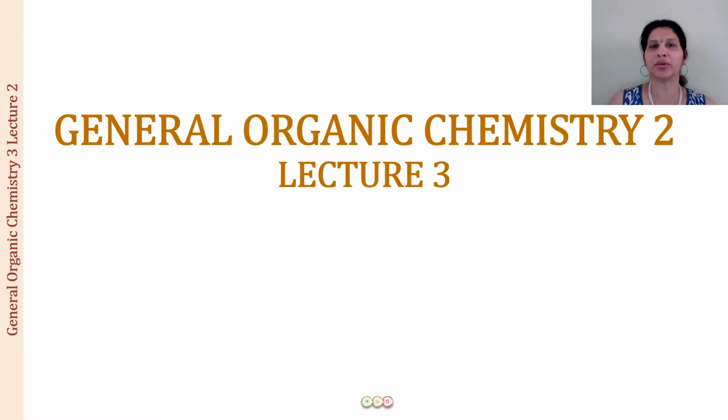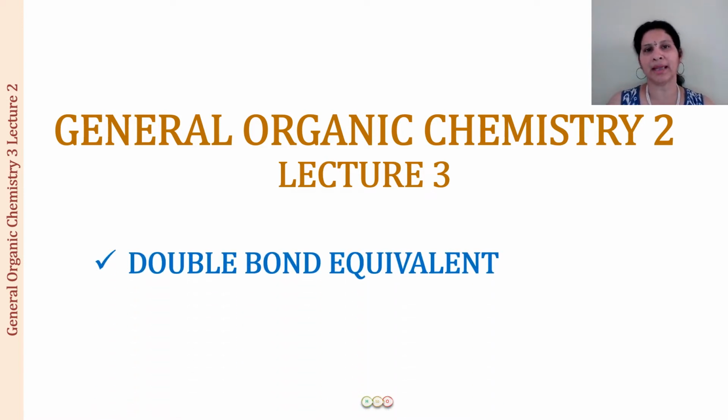So what are we going to do in this lecture? Well, we are going to see more of the problems related to structural isomerism, because this is going to be a very important concept and you should have a thorough understanding of how you're going to draw various possible structures for a given molecular formula. And for that problem solving, I'm going to teach you a concept which is known as double bond equivalent.